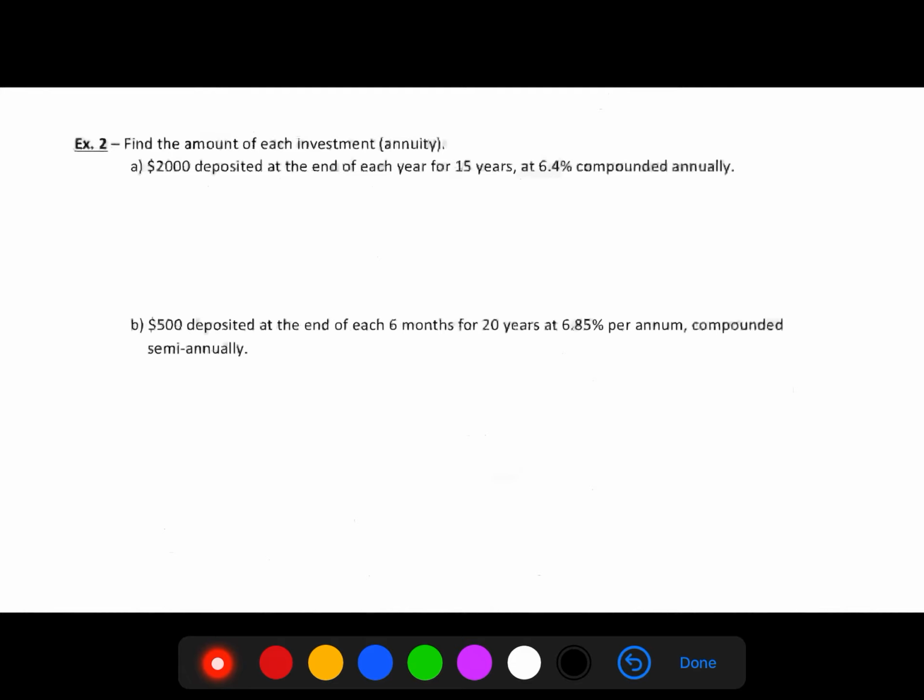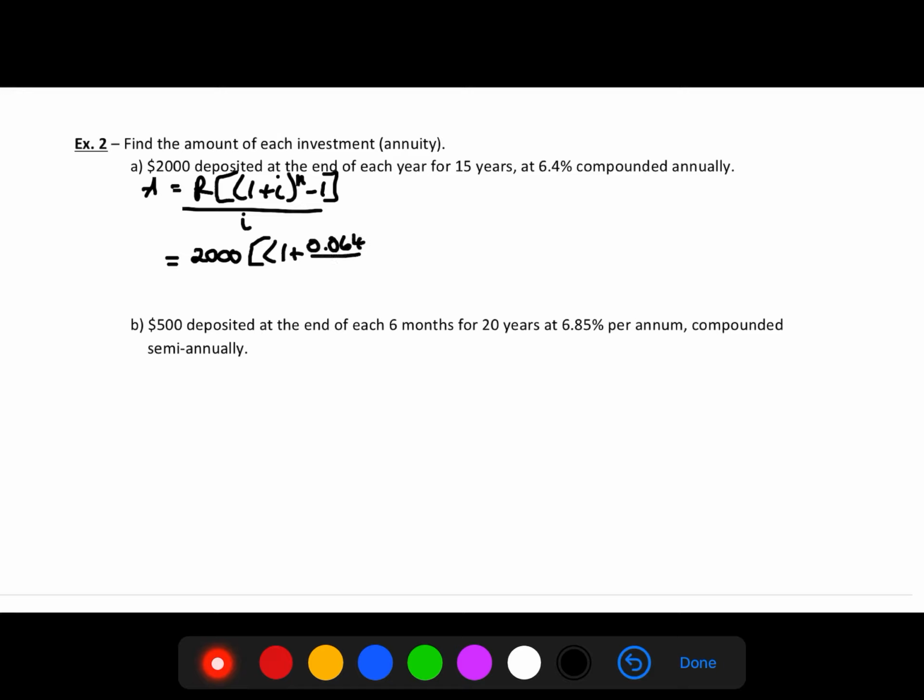Example number 2, we're going to find the amount of each investment. And in this case, they are annuities still. So $2,000 deposit at the end of each year for 15 years at 6.4% compounded annually. So again, still starting with our formula, and subbing in.